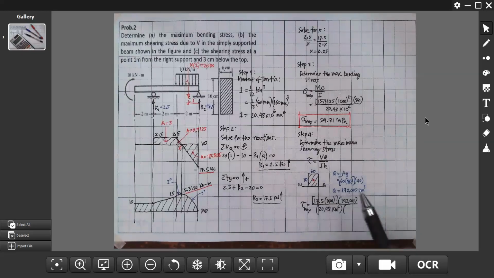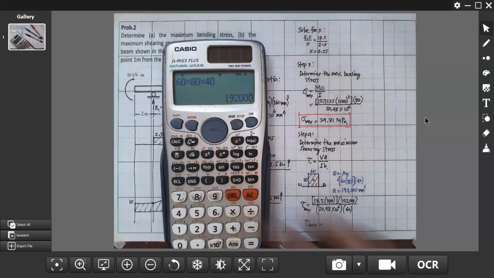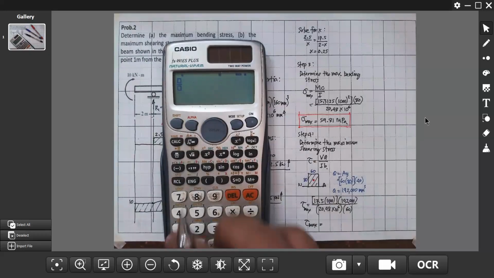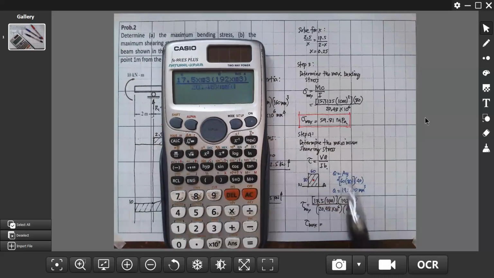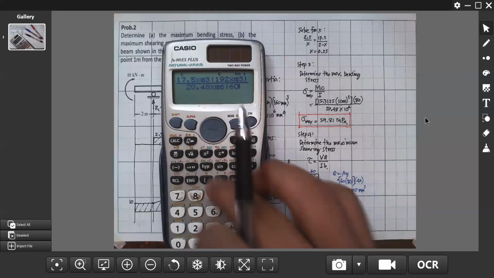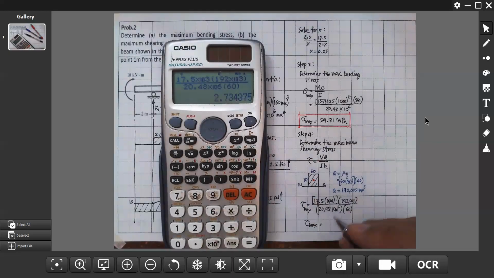And our B at the cutting section is 60. So the maximum shear stress is 17.5 exponent 3 times 192 exponent 3 divided by 20.48 times 10 raised to 6 times 60, which is 2.734375 megapascal. This is our maximum shearing stress.